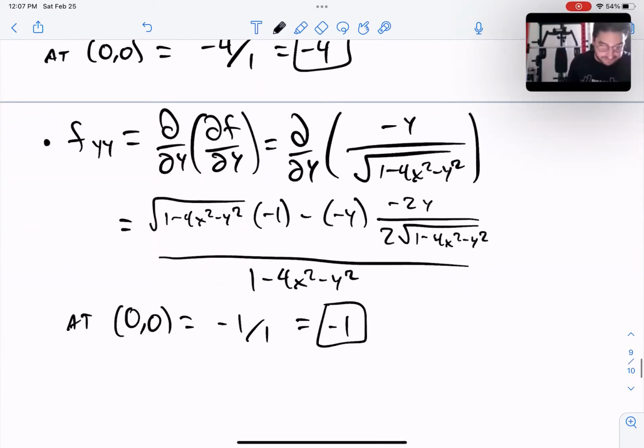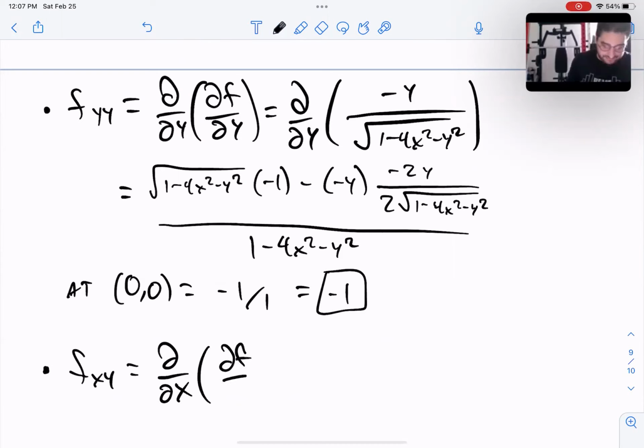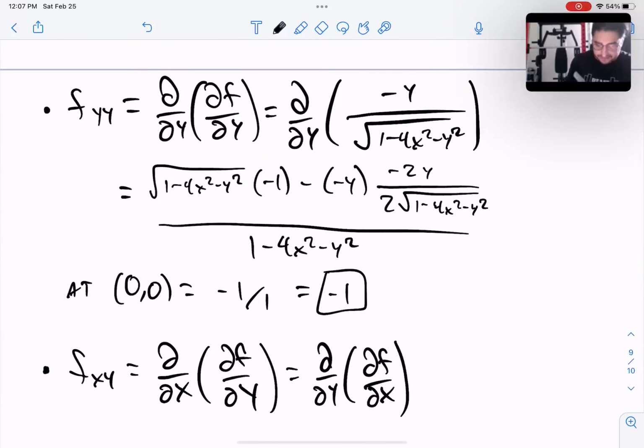So there's fxx, fyy. Then I have the mixed partial, fxy. And here it's actually not entirely obvious, but you can do it either way. It's called Clairaut's theorem. It's a very cool theorem. It doesn't matter which order you take the partial derivative in. There are some preconditions there.